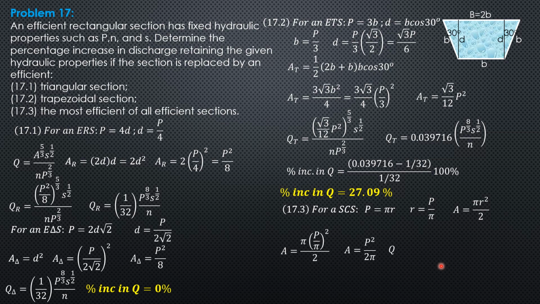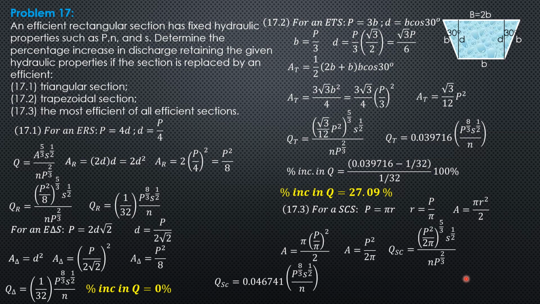So that's the area. So substitute into the formula, Q of semicircular section is perimeter square over 2 pi to the 5/3, S to the 1/2 over N perimeter to the 2/3, and evaluating 1 over 2 pi to the 5/3 in decimal. So it is 0.046741 perimeter to the 8/3, S to the 1/2 over N.